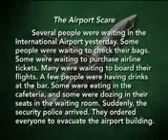Okay? All right, I'll read the passage one more time, this time emphasizing the past continuous verb forms. The airport scare. Several people were waiting in the international airport yesterday. Some people were waiting to check their bags. Some were waiting to purchase airline tickets.